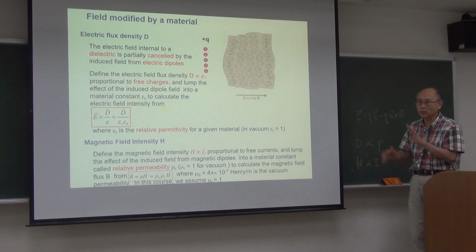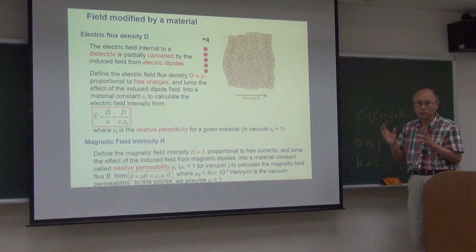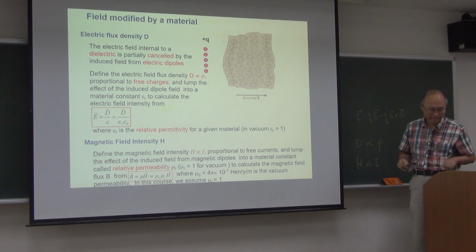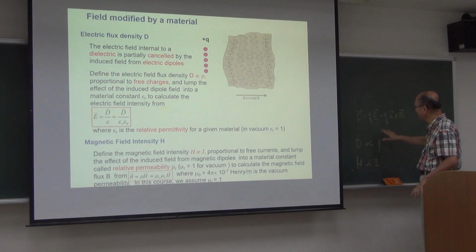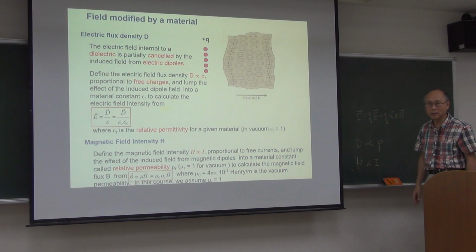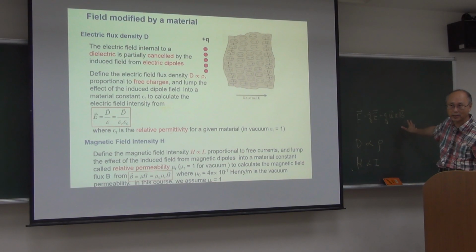So this is the construction of the electromagnetic theory. Okay. But eventually we want to come back to E and B, so that is in our applications.